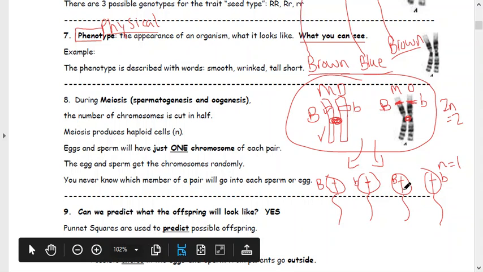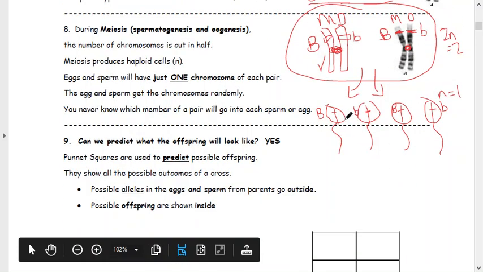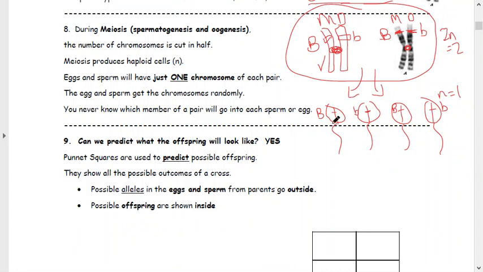So when you have fertilization, you don't know necessarily which sperm is going to fertilize the egg, so you could get any of these 4 gametes, therefore you could get any of these 4 chromosomes. So you will only get 1 chromosome from each pair, and therefore only 1 allele from each parent.